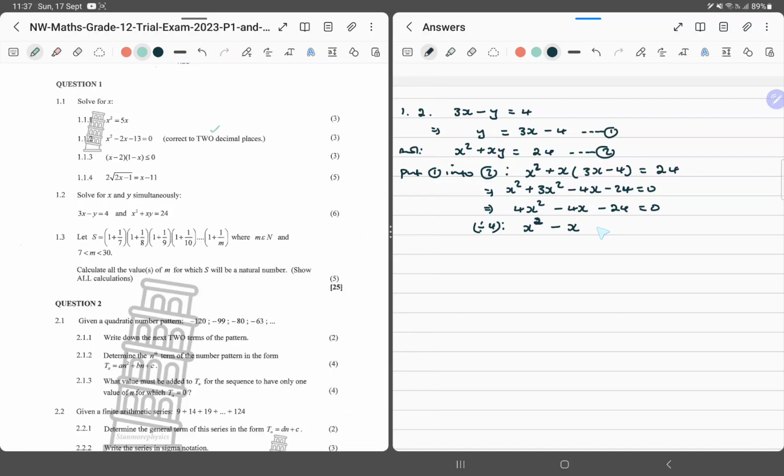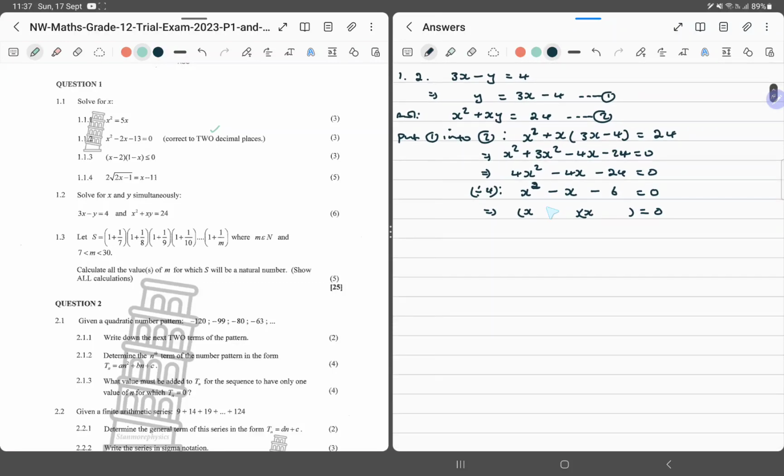Throughout, we're going to get x squared minus x minus 6 is equal to 0. We can factorize this, which is a technique that is almost always useful. So they will hardly give you things you cannot factorize. But when you can't, use the general quadratic formula.